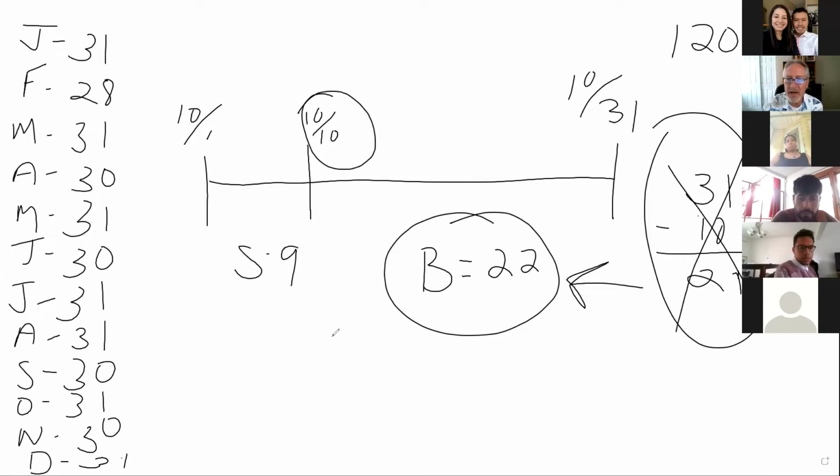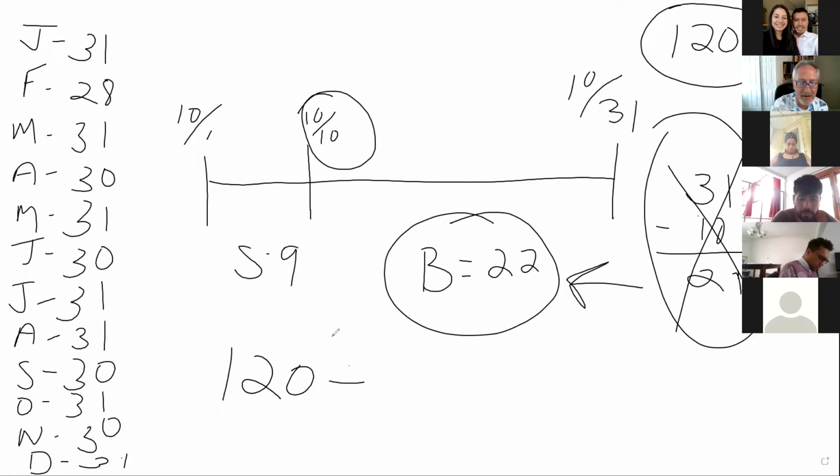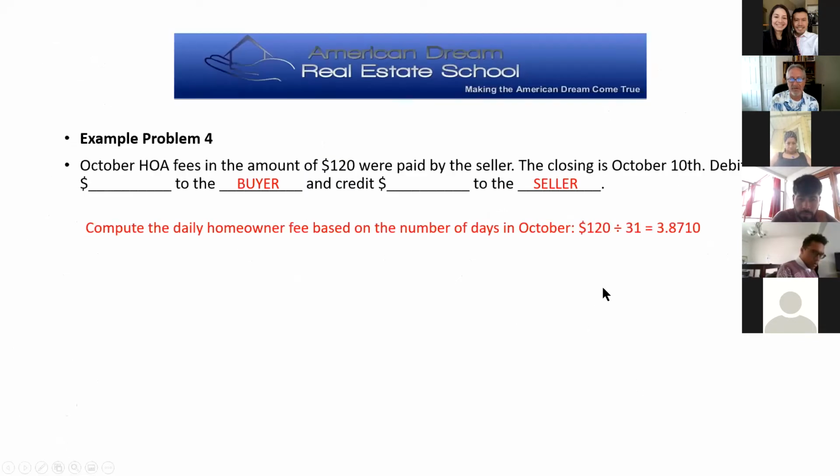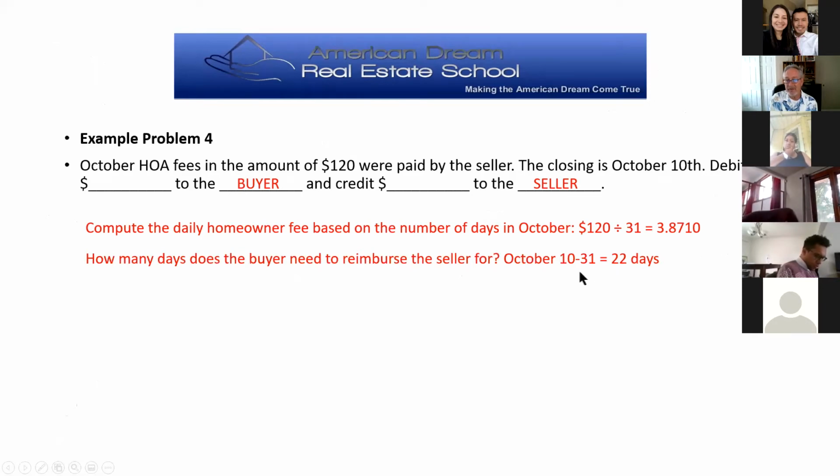Now we have 120 as the amount. So I've got to take 120. What do I do to get my daily amount? I divide it by 31. I get 3.8710. Now I can figure out the days, 22.